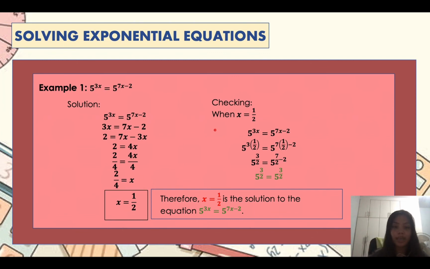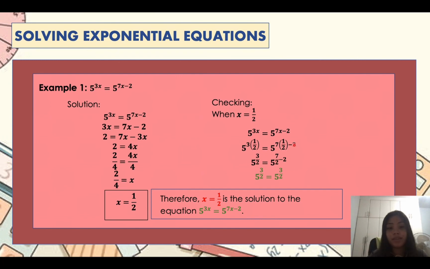Now for the checking, when x is equal to 1/2, we simply replace x with 1/2. So we have 5 to the power of 3 times 1/2 is equal to 5 to the power of 7 times 1/2 minus 2. Upon simplifying, we get 5 to the power of 3 over 2 is equal to 5 to the power of 7 over 2 minus 2.